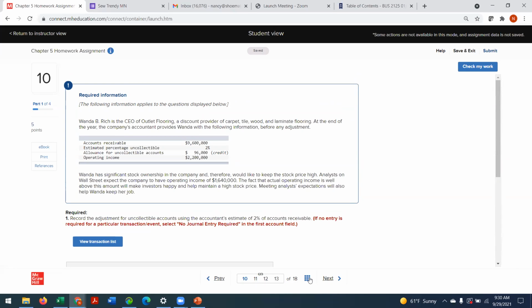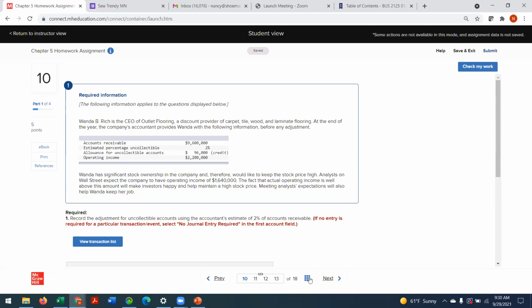Wanda B. Rich is the CEO of Outlet Flooring, a discount provider of carpet, tile, wood, and laminate flooring. At the end of the year, the company's accountant provides Wanda with the following information before adjustment. It shows the accounts receivable.